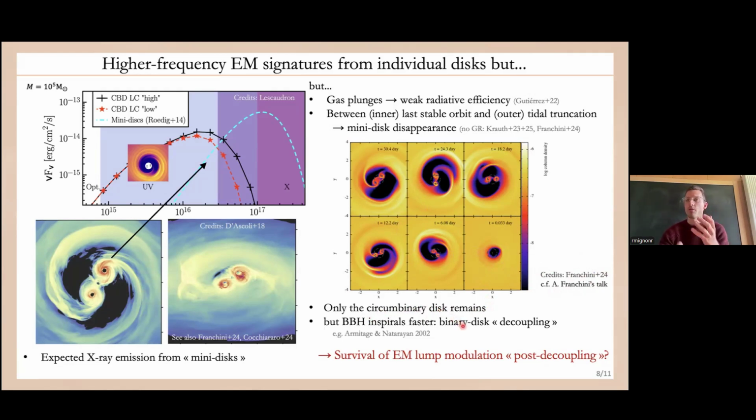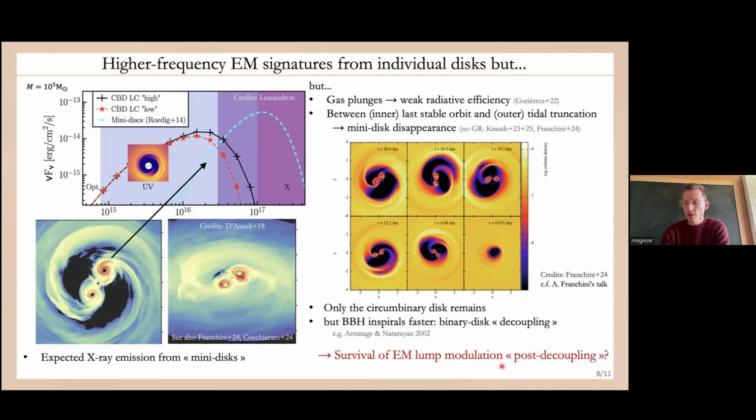And at this stage, the in-spiral motion of the binary will be so fast that we are in the so-called decoupling phase, meaning that the inward velocity of the binary is typically greater than the reference velocities within the disk. So the circumbinary disk has not realized yet that the binary is about to merge.